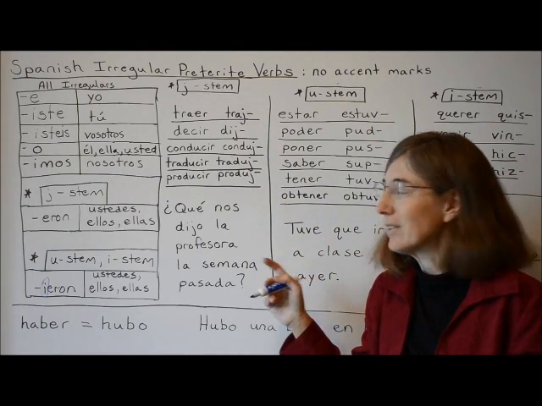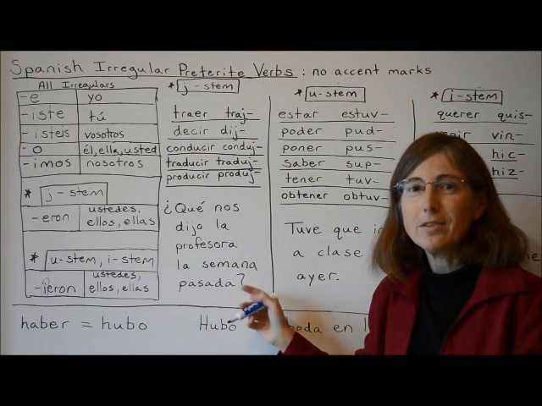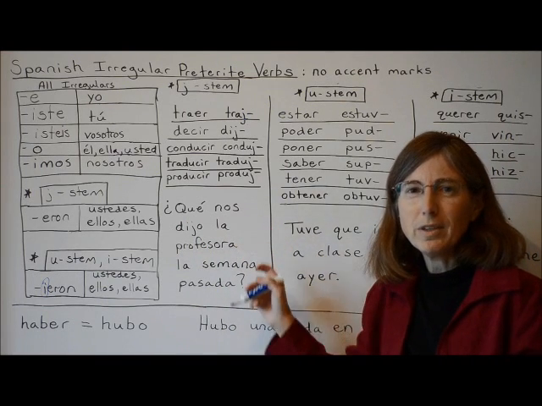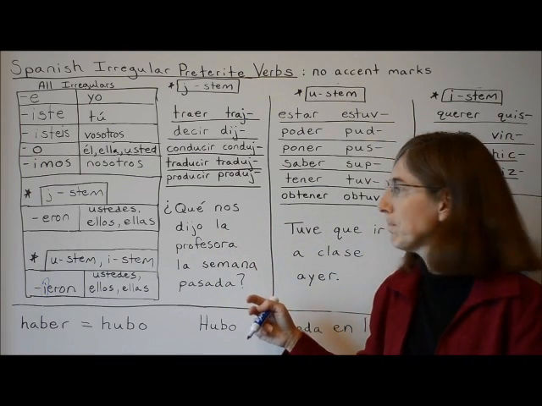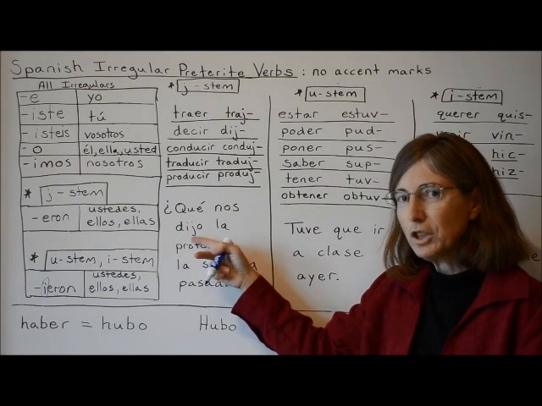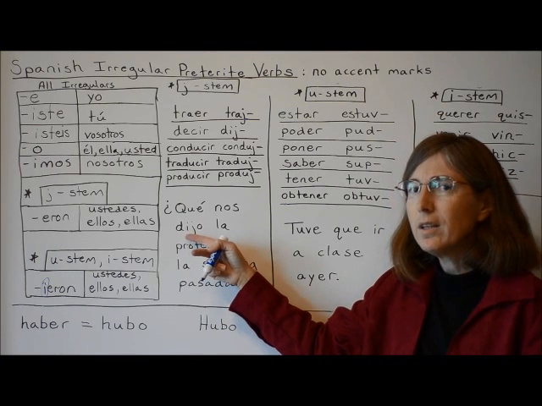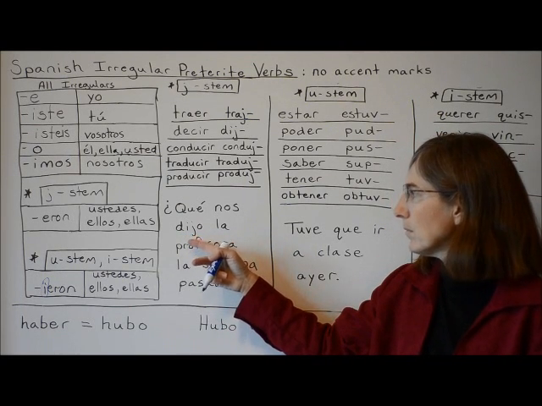So here's an example sentence. ¿Qué nos dijo la profesora la semana pasada? What did the professor tell us last week? There's your J stem verb in the usted, él, ella form.